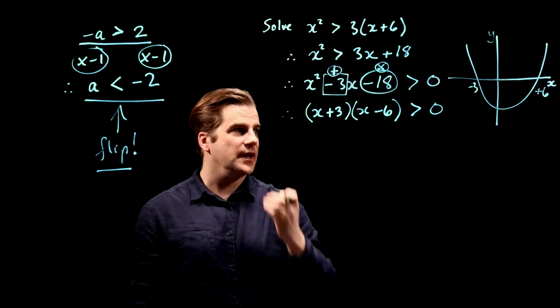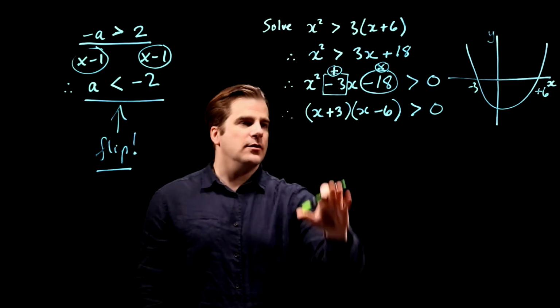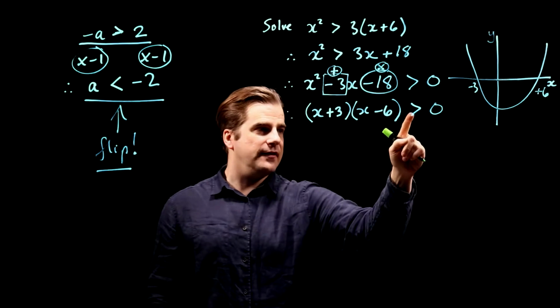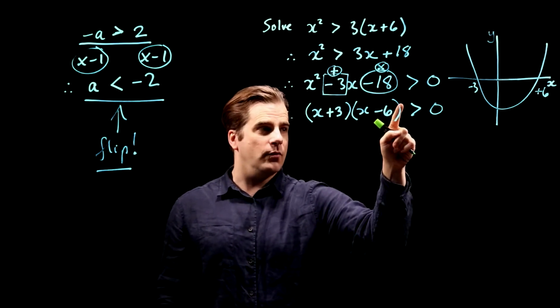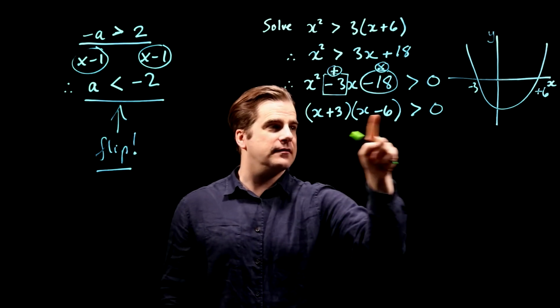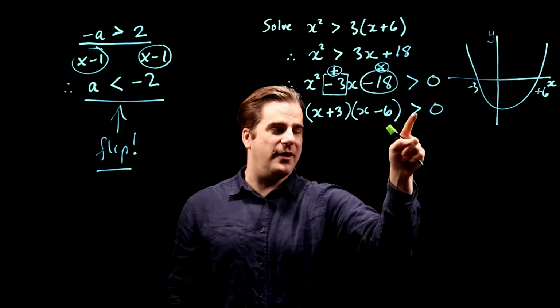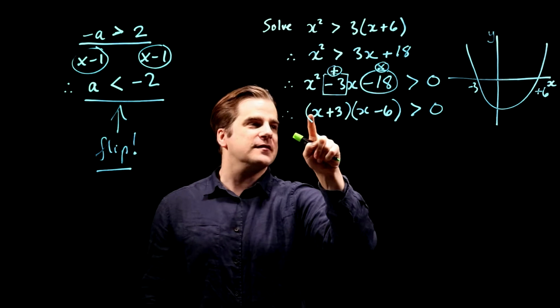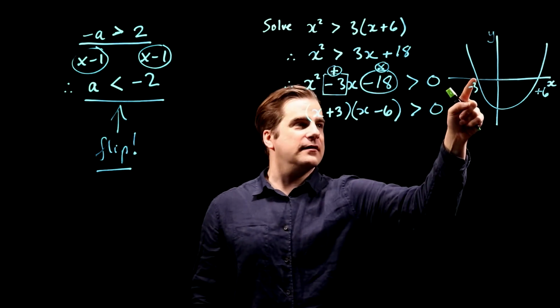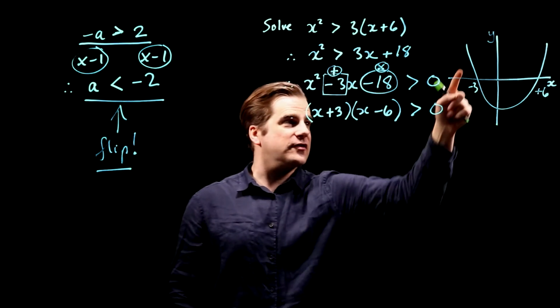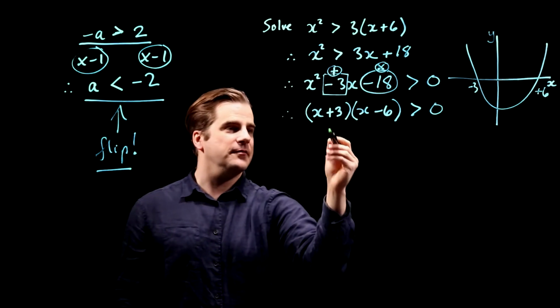Okay? I'll just go over that again. When you've got to this stage, pretend that equals 0, and when that's equal to 0, solving that tells you where the quadratic crosses the x-axis, okay?